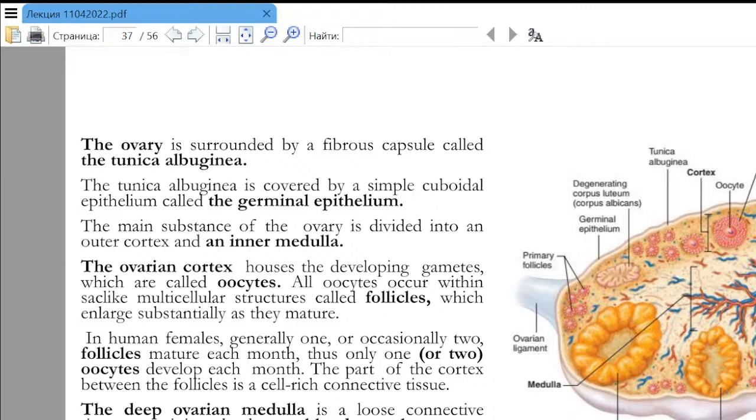The ovarian cortex houses the developing gametes, which are called oocytes. All oocytes occur within sac-like multicellular structures called follicles, which enlarge substantially as they mature.